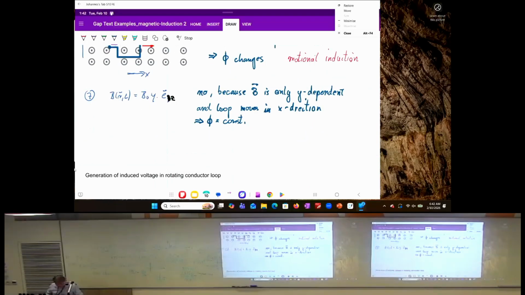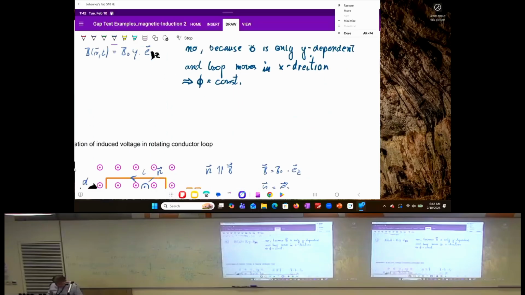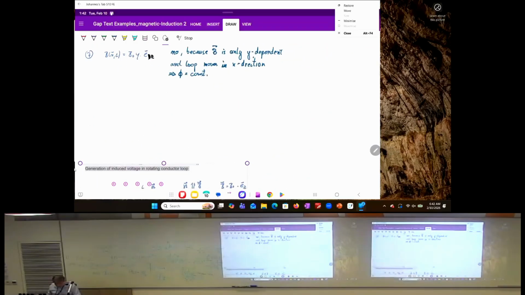So going back to case 5, we had our B being B0 times cosine omega t, everything oriented in z direction. Then the loop is inside the field.